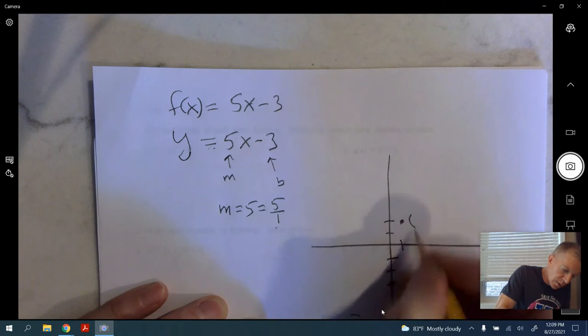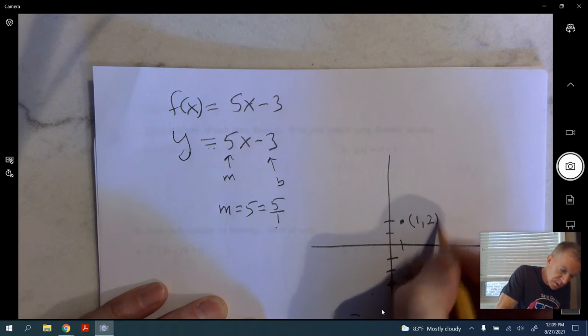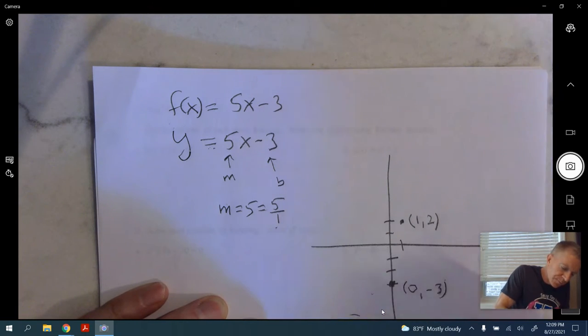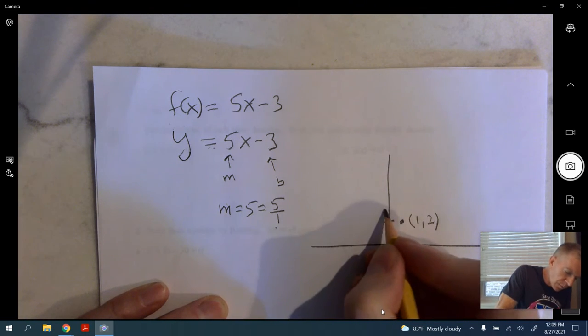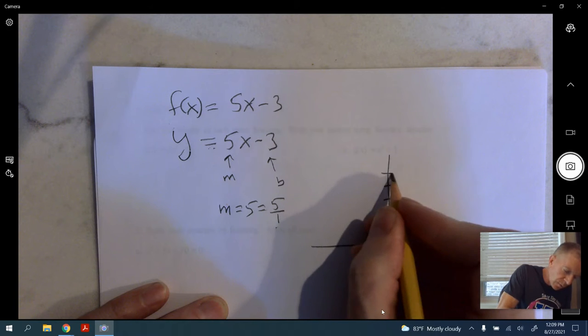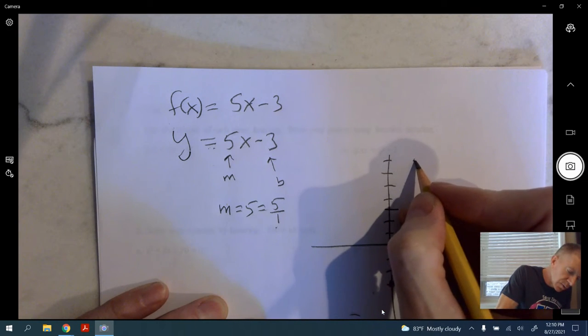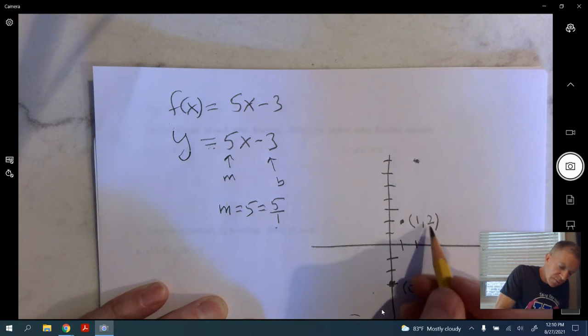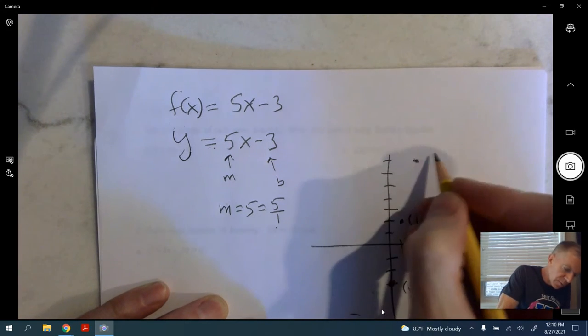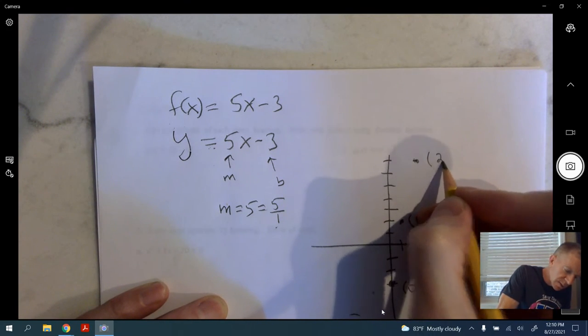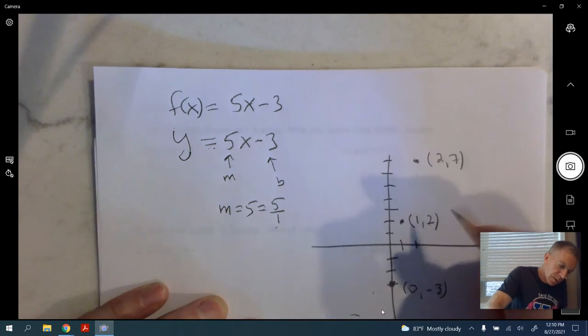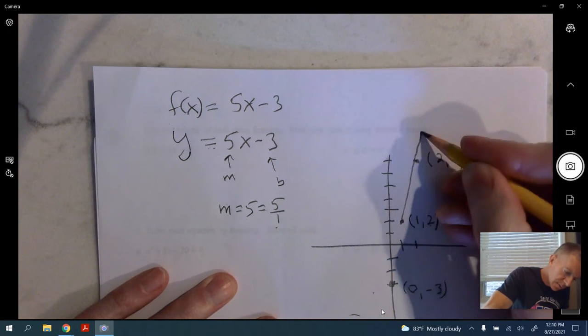And this is the point 1, comma, 2. Let's do one more point. Up 5 over 1, go up 5 from here, 2 up 5 would be 7, so 2 comma 7, and there's your line.